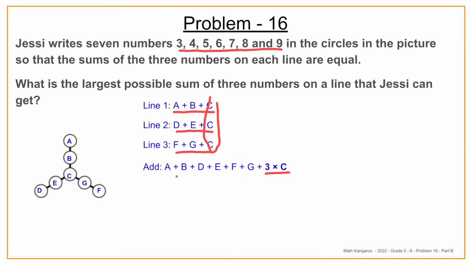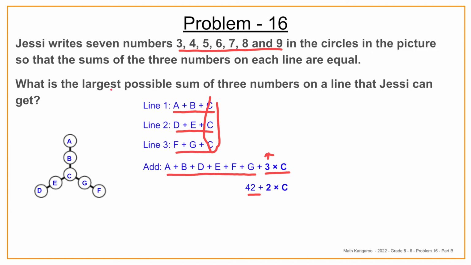So what we can do, we can say A plus B plus D plus E, F, G and one of the C will give us 42. So can we write it this way? 42 plus we took one of the C from it and it becomes 2C. So the sum of all these will be 42.